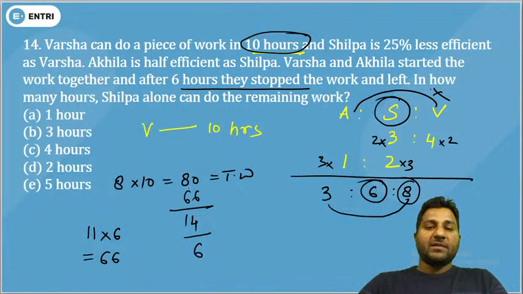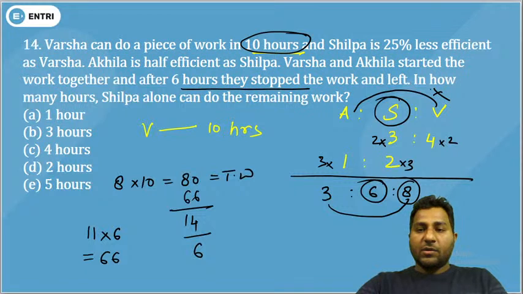2 hours? Yes, approximately. I think I might have made some error. Shilpa is 25% less efficient than Varsha, so 3:4. Akila is half as efficient as Shilpa. Varsha can do the work in 10 hours, so Varsha has 8 efficiency.